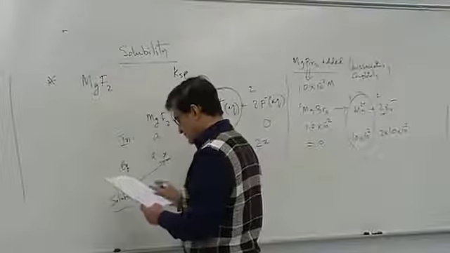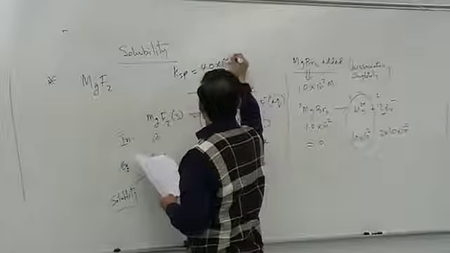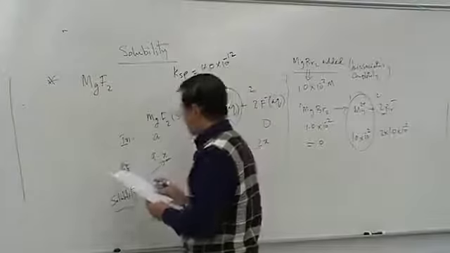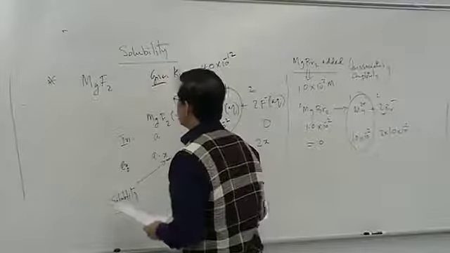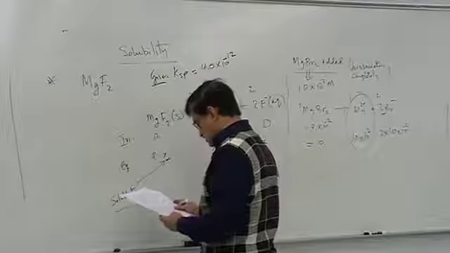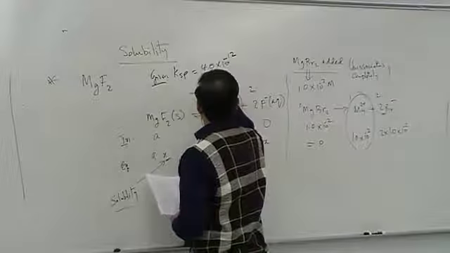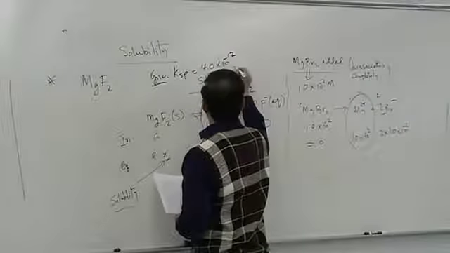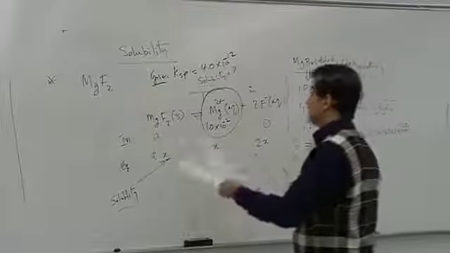Let's assume that that value is 4.0 times 10 to the negative 12. Again, I'm just making up this number. KSP for MgF2 is given. The question is, what is the solubility? In the first example, we gave solubility. You have to calculate KSP.